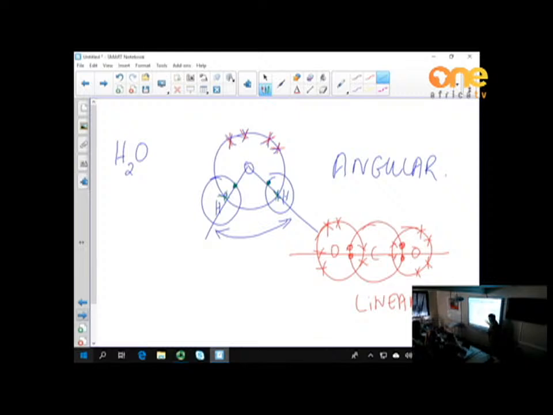The same thing on that side of the molecule. So there's no resulting force pushing them down. If I had a single pair over there, it would have pushed them. But I don't. You understand? And that is why the carbon dioxide molecule is linear.